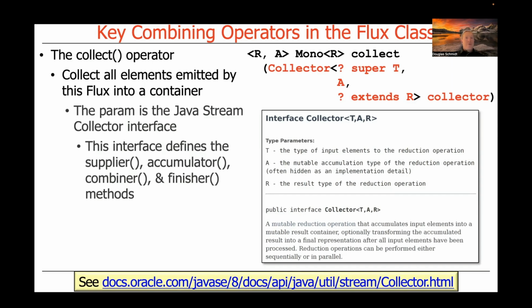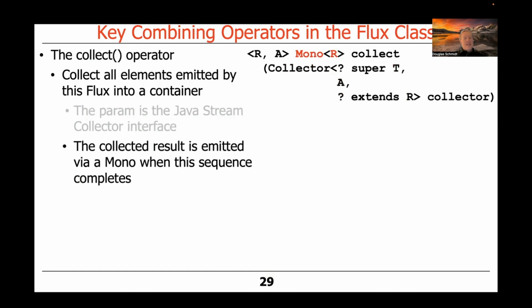So remember, the collector defines a bunch of factory methods like supplier, accumulator, combiner, finisher, and so on. And same thing is true in RxJava and Project Reactor. The collected result is emitted into a mono, and that, again, like collectList, will be able to provide a value when everything completes successfully.